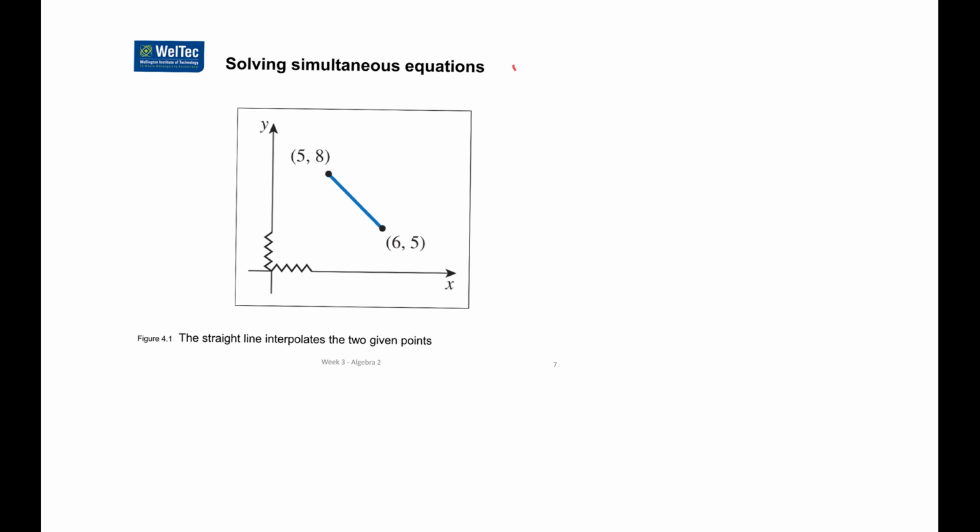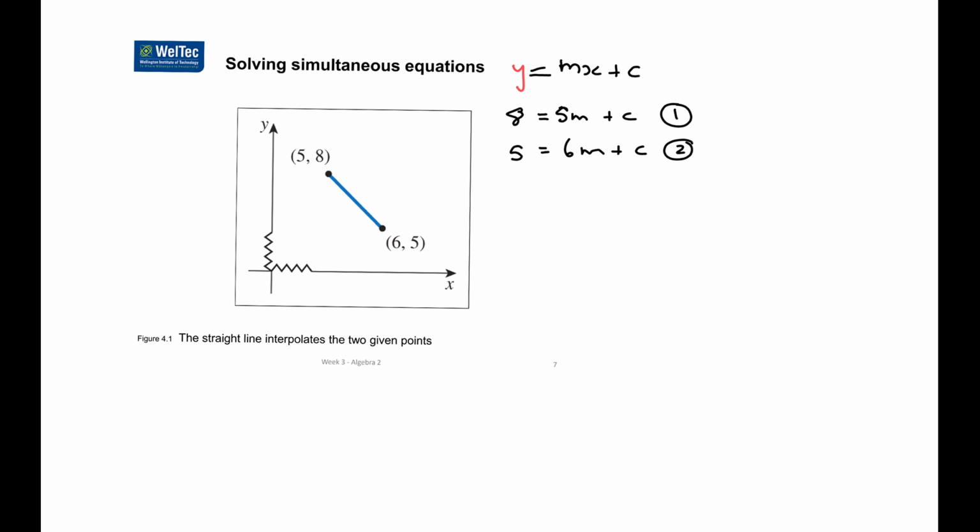So the general form of a straight line is y is equal to mx plus c. Now, what it means is that both of those points will fit y equals mx plus c. So we could put in there that 8 is equal to 5m plus c. And we could put in that 5 equals 6m plus c.